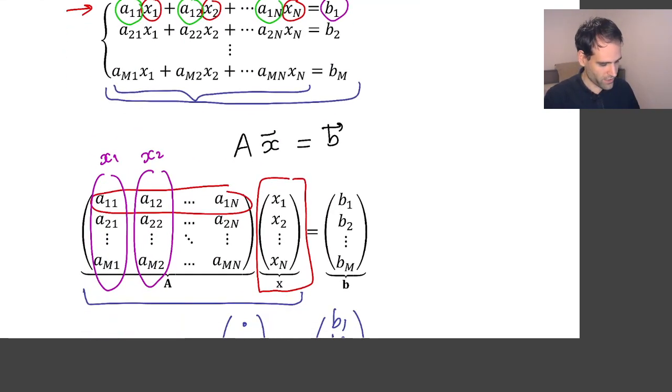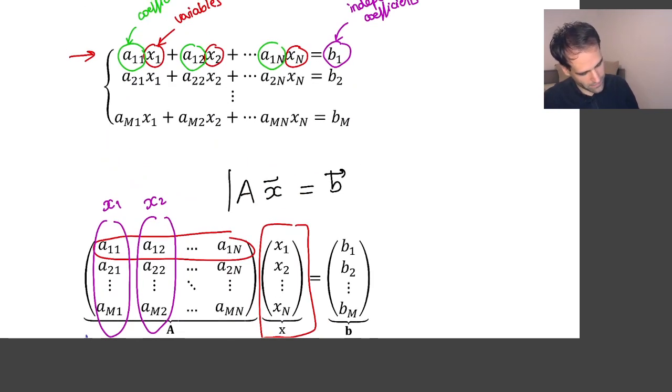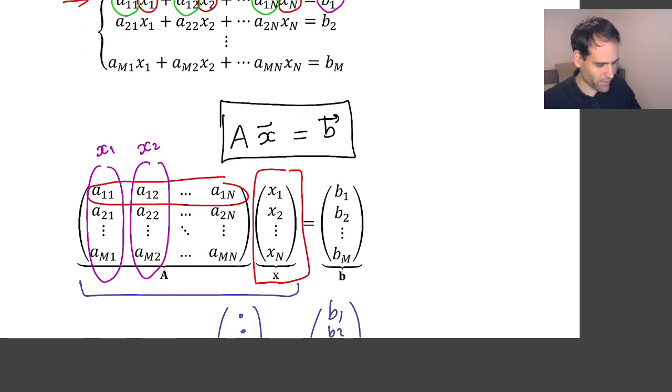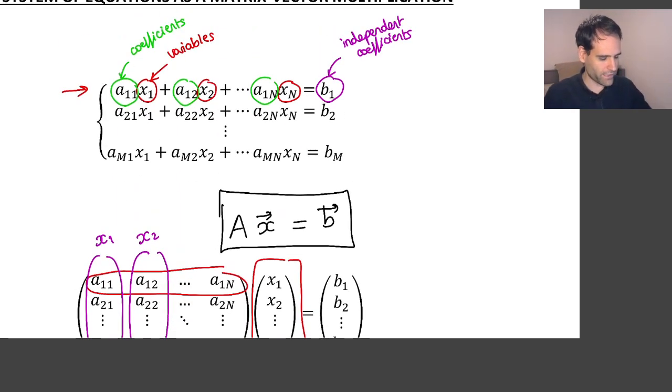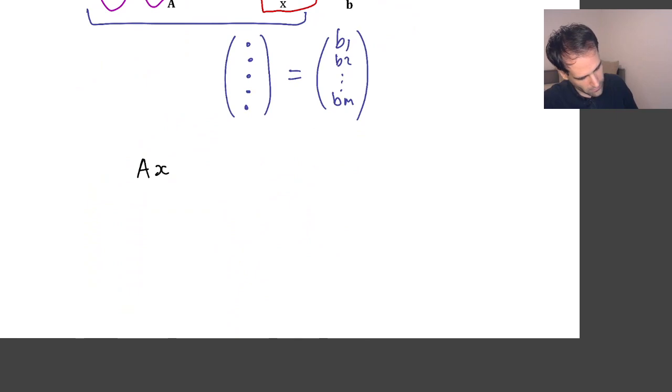So this linear system of equations may be written as a matrix vector multiplication. This is amazing because something that didn't look at all related to matrices or vectors, we can suddenly reinterpret as Ax equals b.